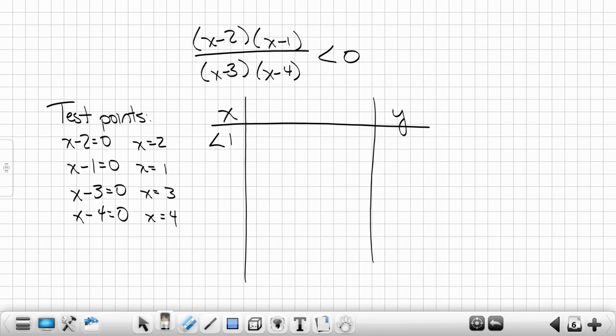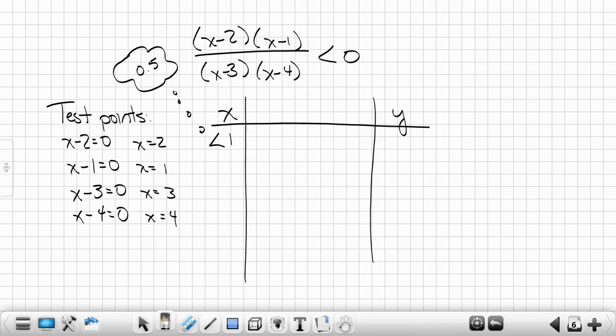Pick decimals. 0.5s are great. No calculator. So we're going to pick 0.5.